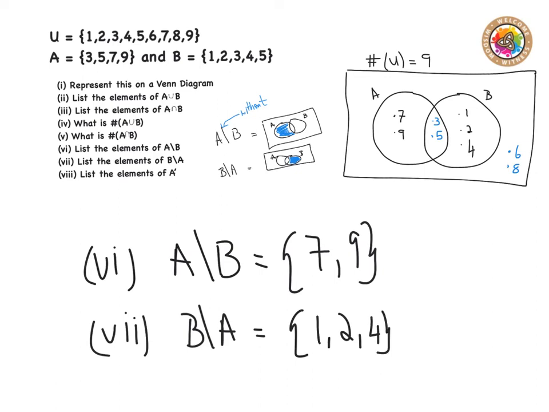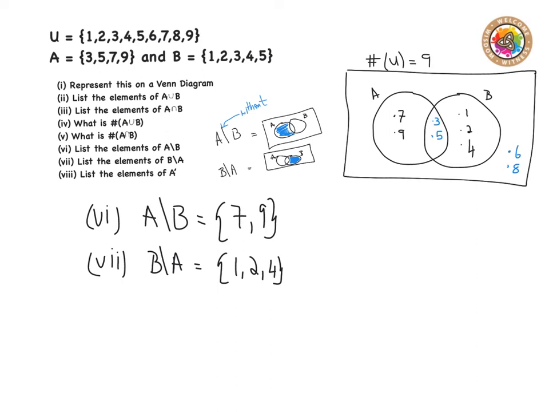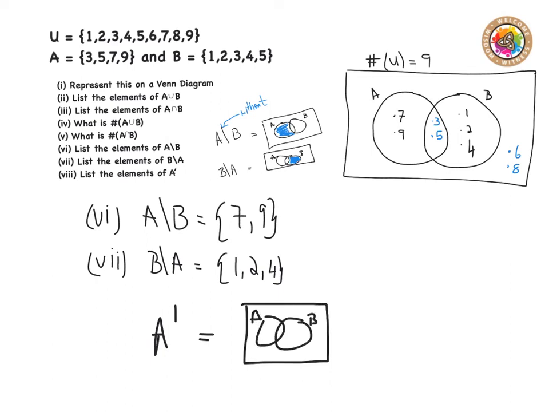Okay, and then lastly, we're looking for the elements of A dash or A complement. So we've looked at this symbol before, so A dash or A complement. And just if I was to draw that image here just as a refresher first, that's A, that's B. So this is, well, it's everything that's not in A. So it's all of this bit here, but also, what else is not in A?